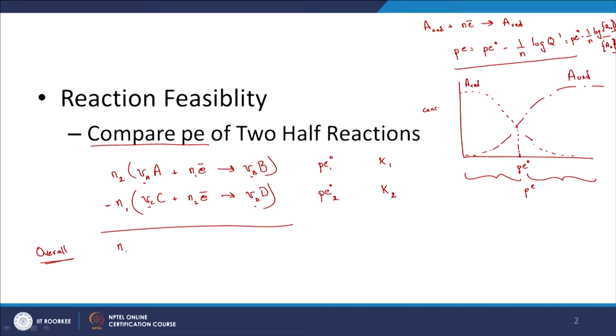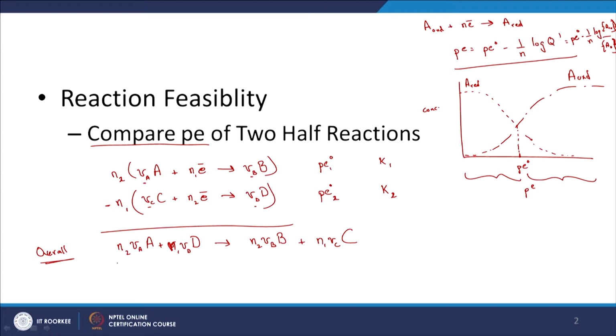It is going to be N2 times the stoichiometric coefficient of A into A, N2 times the stoichiometric coefficient of B times B, and here I am going to have plus N1 times the stoichiometric coefficient of D, and here I am going to have again N1 times the stoichiometric coefficient of C.